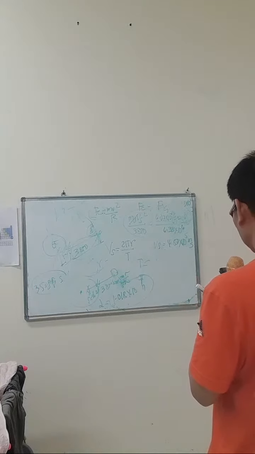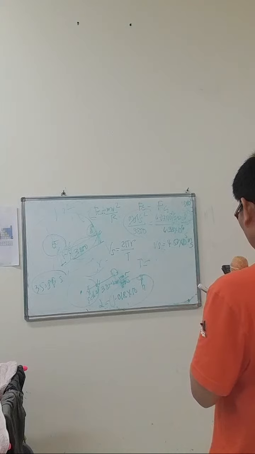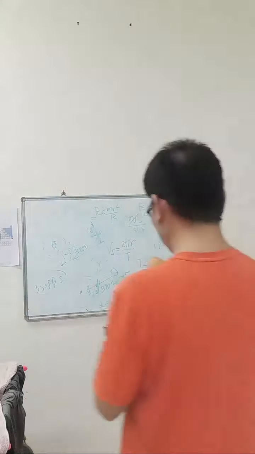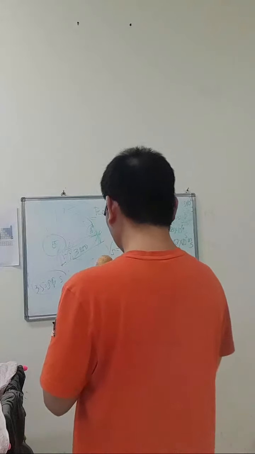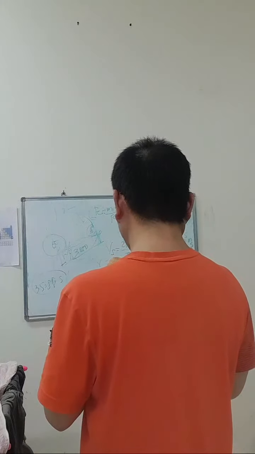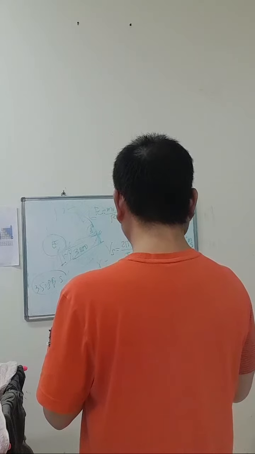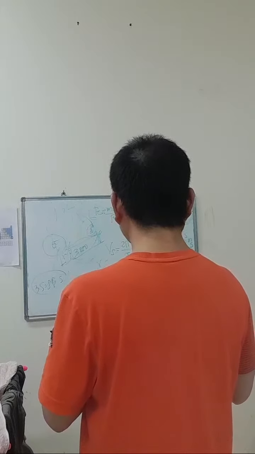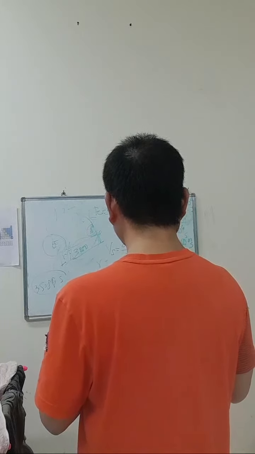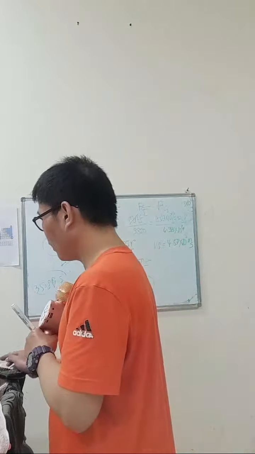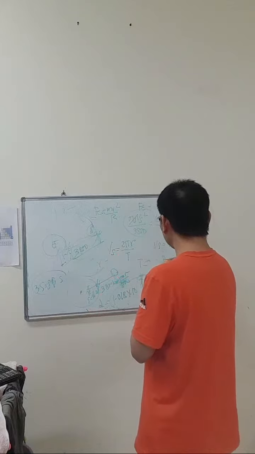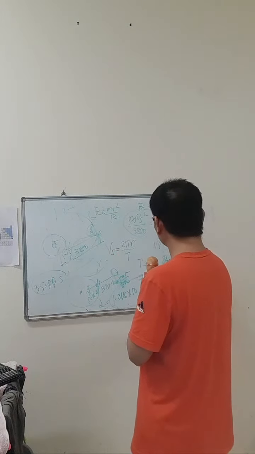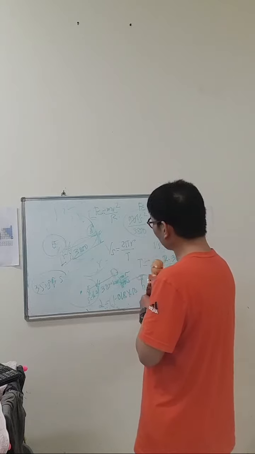So 2 times 3.14 times the R. R is the radius from earlier, 6.38 exponent 6, divided by 4.87 exponent 5 is equal to 82.31. So this is not correct. 82.31, this is seconds. So this is wrong again.